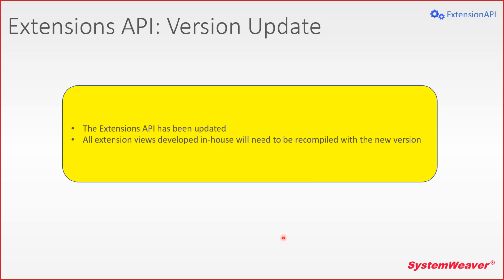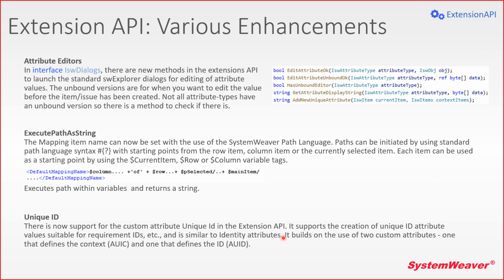We did a version update of our extension API, so all of your in-house developed extension views will need to be recompiled. So that's a breaking change. We did some enhancements to the extension API. There's now new methods to launch the standard Explorer dialogues for editing attribute values. We implemented a way to use the path language, the SystemWeaver path language, to create mapping item names.